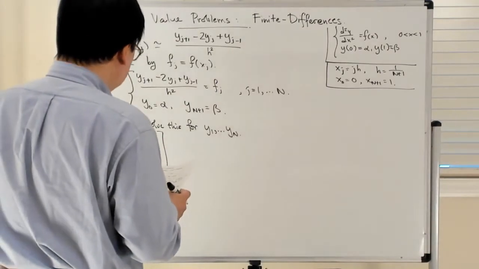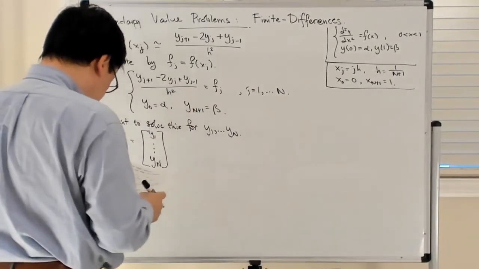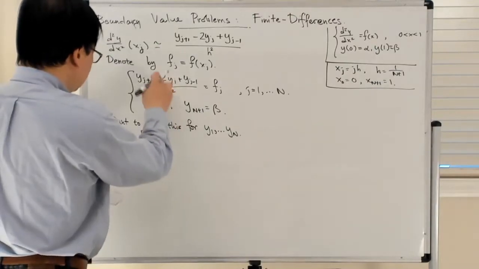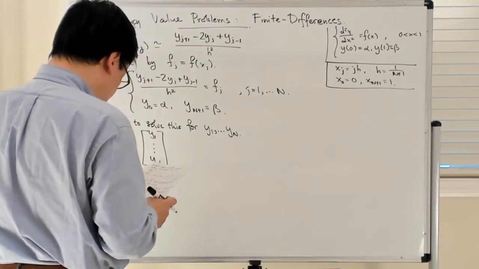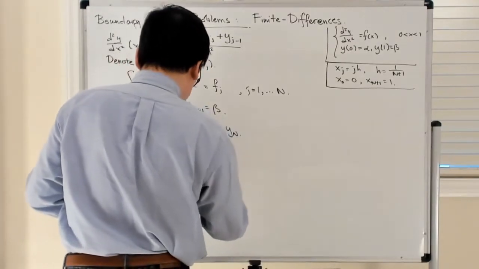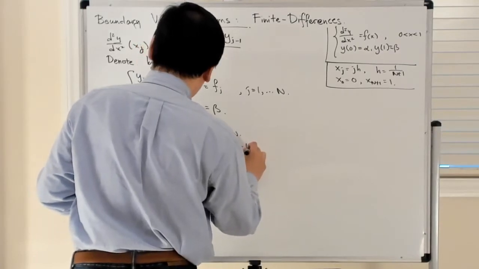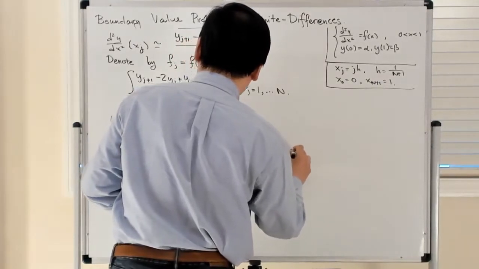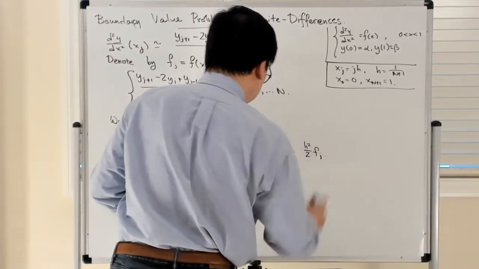I'm going to rewrite this particular equation a little bit, just so that the coefficient associated with yj is -1 instead. So I'm going to write this as 1/2 yj plus 1 minus yj plus 1/2 yj minus 1 is equal to h squared over 2 fj.